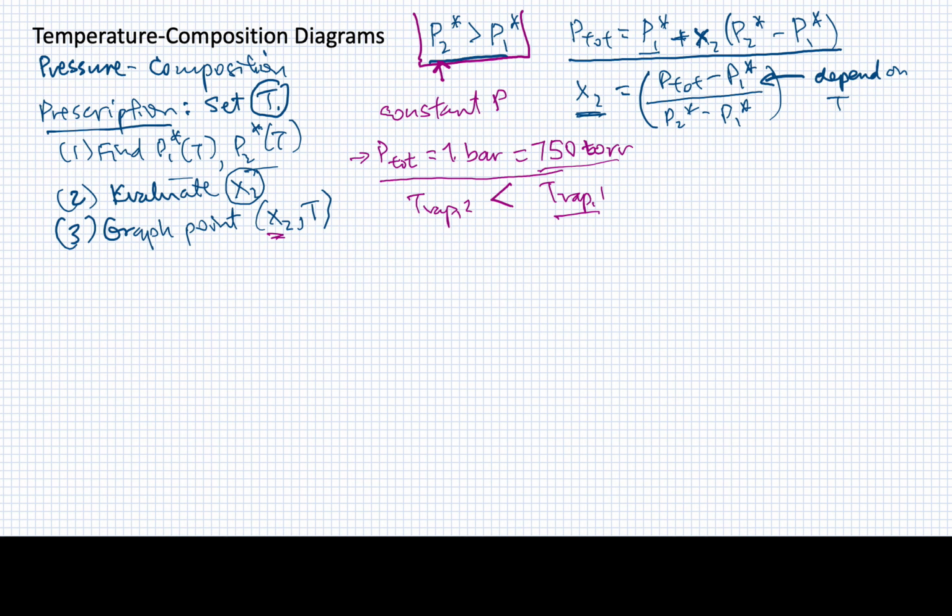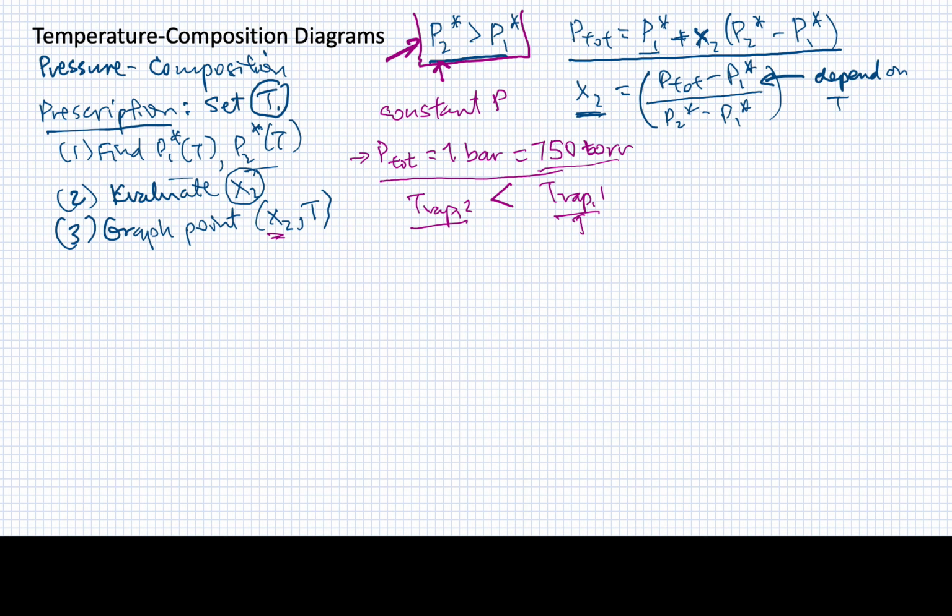So whenever you have a more volatile component, its boiling point is actually going to be lower than the less volatile component. So in this case, we're always going to have T vaporization for component 2 be less than T vaporization for component 1, as long as I am insisting upon this particular relationship between their vapor pressures.